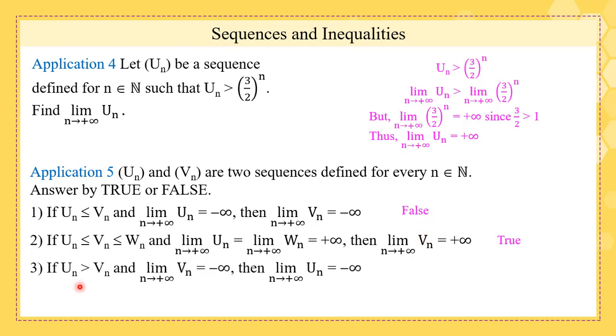Now, if Un is greater than Vn and the limit of Vn as n tends to plus infinity is negative infinity, then the limit of Un is negative infinity. Try also to do it alone. Well, this is also false because something greater than negative infinity could be any real number or positive infinity.